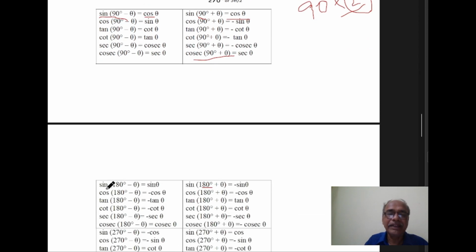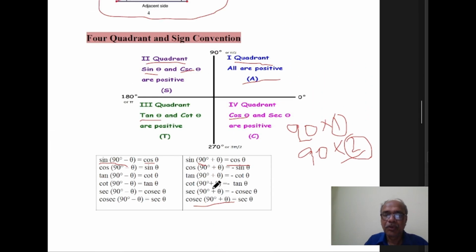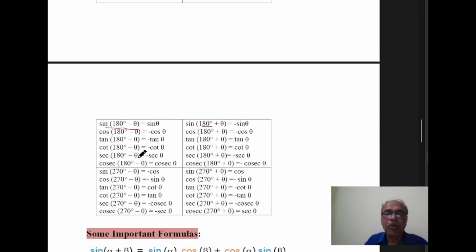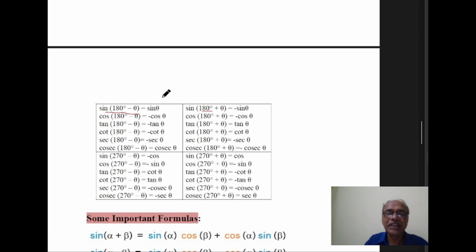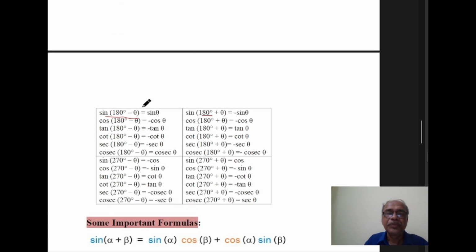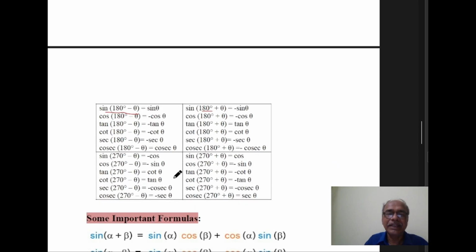Another is 180 minus theta. You see 90, 180 here, 180 minus theta. 180 minus theta means second quadrant. So in case of second quadrant, you see only sine and cosec are positive, others are negative.